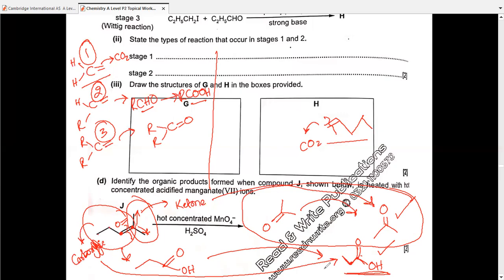Usually the second or third scenario is the one which happens when the double bond is in the middle of the structure. You can never make carbon dioxide with the double bond being in the middle of the structure. Remember that. You can only make carbon dioxide when the double bond is at the start or at the end of any structure, the terminal carbon, which I have been calling it all along. Make sense?